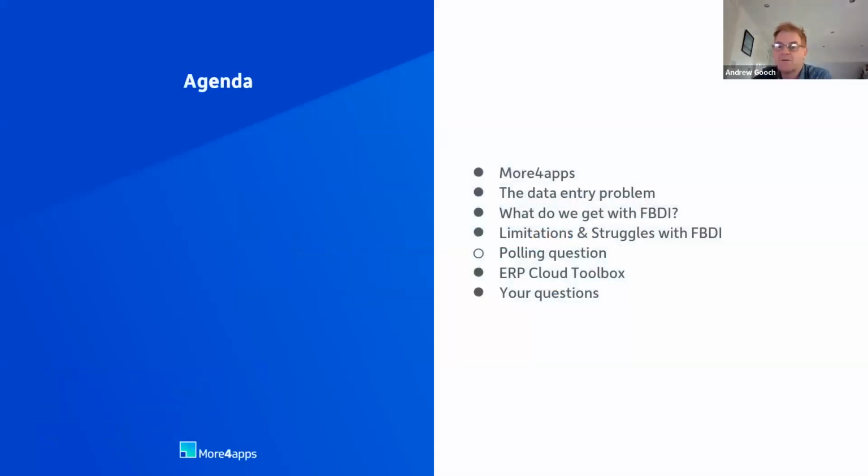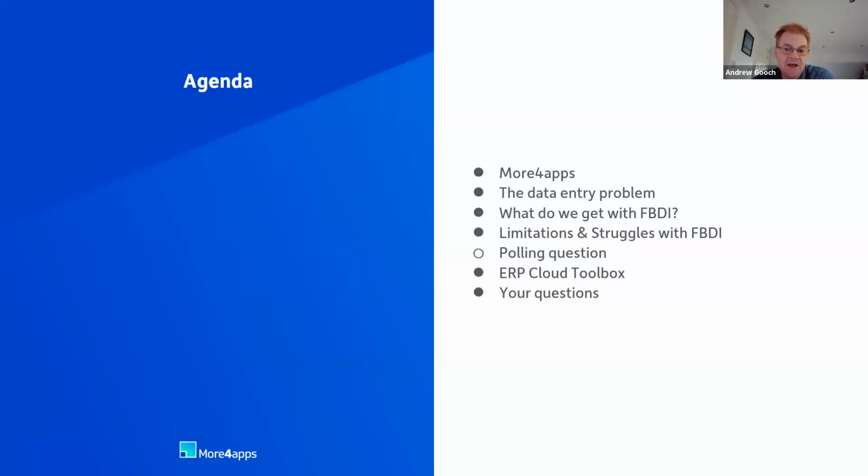This is a rough guide to what we'll be covering in this session today. I'll start by introducing More4apps, just first up to explain who we are, and then I'll briefly discuss the challenges we face with data entry and what we're trying to solve when we use FBDI. Then we'll look at FBDI in a little bit of detail, discuss some of the strengths and weaknesses, and then we'll stop briefly in the middle of that to get some feedback from you in the audience about how FBDI impacts your business.